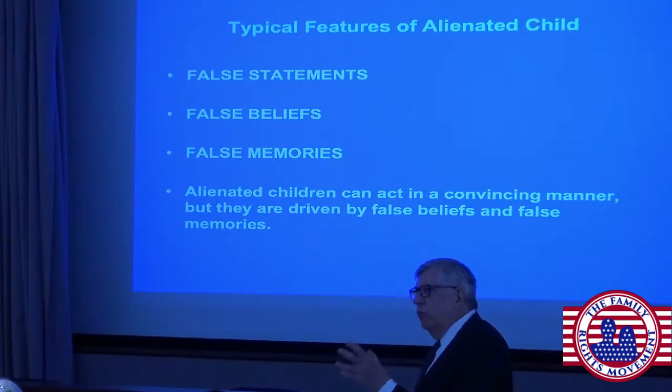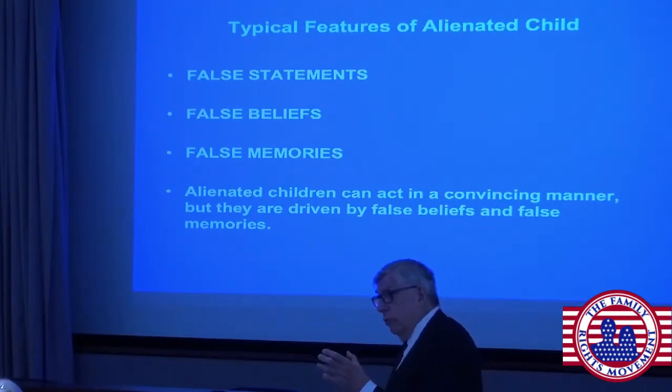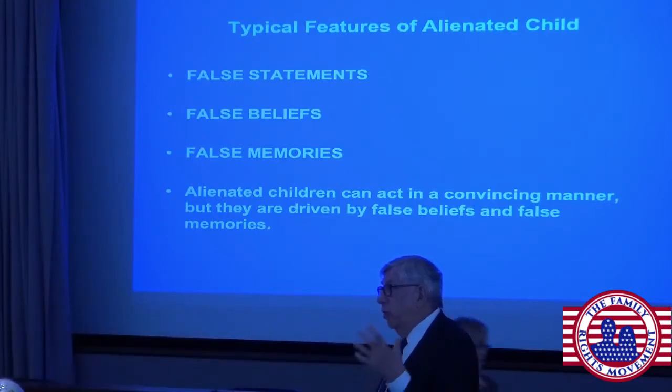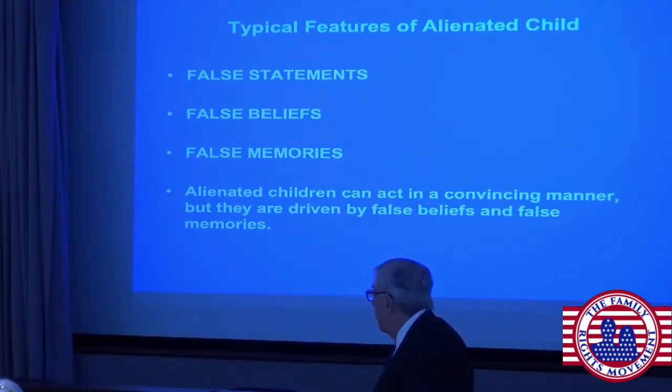If you have false beliefs persistently, you have false memories. You start to remember things that never really happened. As a result, these children sometimes are very convincing because what they remember is daddy did this and this and this, and those things never happened. But they're convincing because they think that they actually happened, which is one of the essences of false memories.